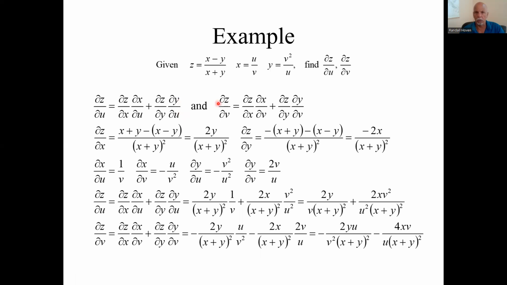Similarly for partial of z with respect to v. In both cases, I need a partial of z with respect to x, and a partial of z with respect to y. So between the two of them, I need to find 6 partial derivatives. 1, 2, 3, 4, 5, 6.